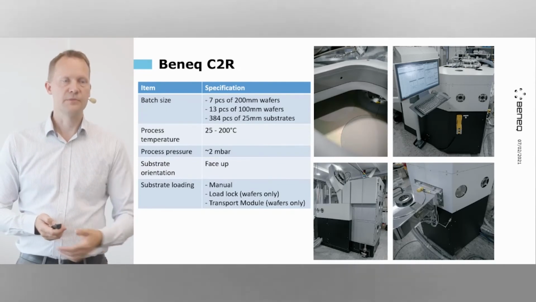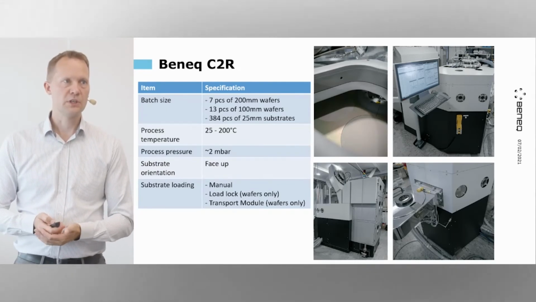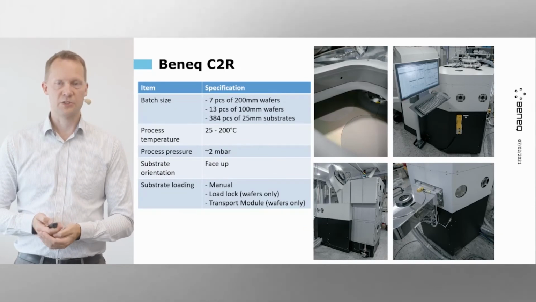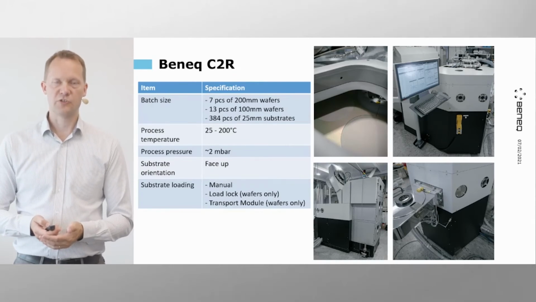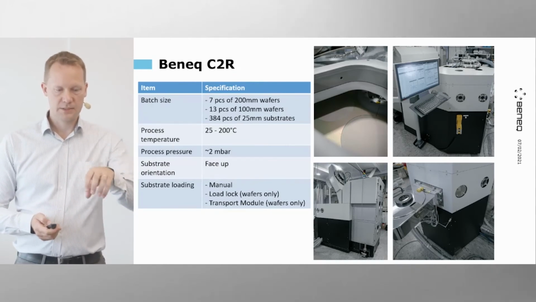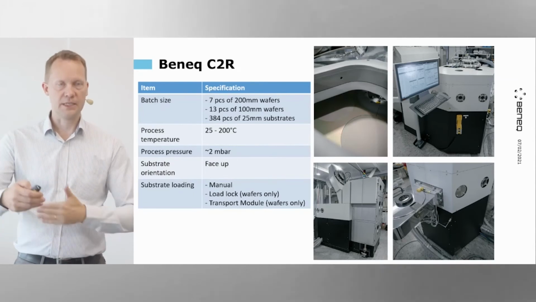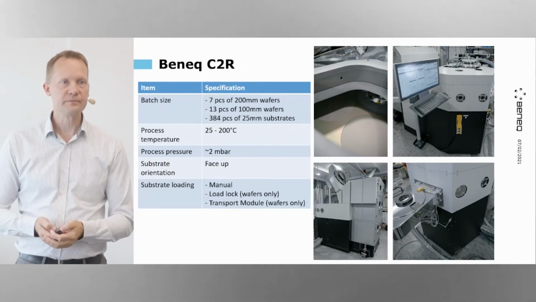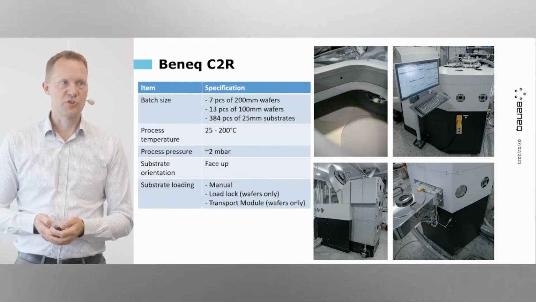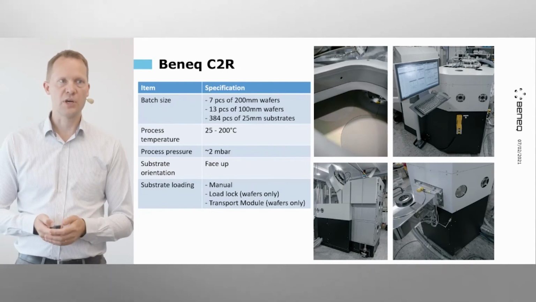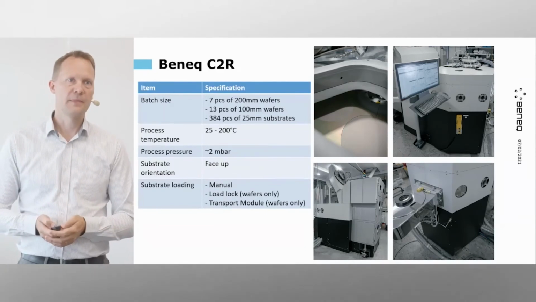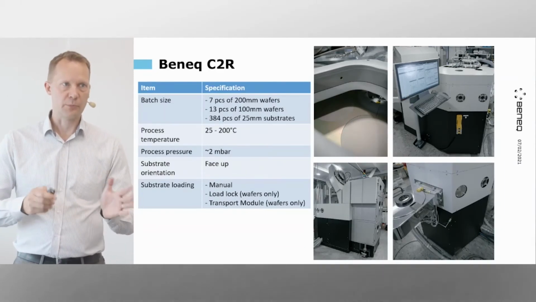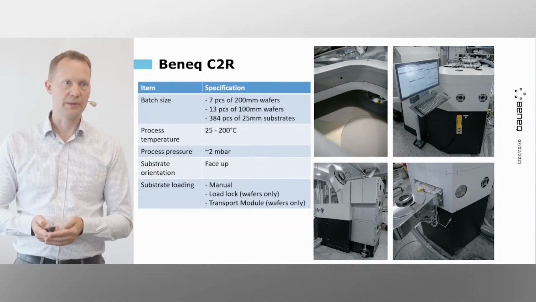And yes, there are multiple of those. As mentioned, 7 pieces of 200 millimeter wafers, or a larger number of smaller wafers or other smaller substrates can be placed freely inside that coated area. The process pressure here is around 2 millibars or 2 torr level, and that's where the plasma system is working optimally.